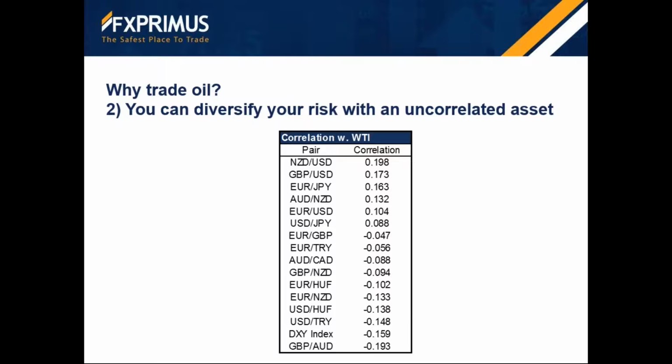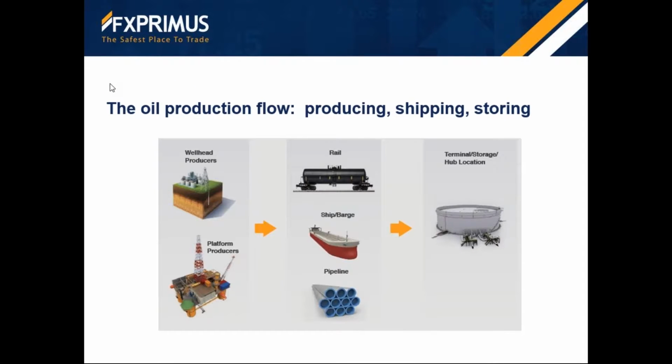So let's start with a very brief discussion of the oil business, just the whole oil business, how oil gets from the ground to you. First, it's pumped out of the ground either on land or offshore. Then it gets moved to a central storage location, either by rail, by ship, or by pipeline.